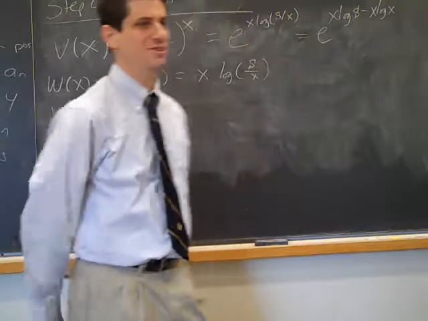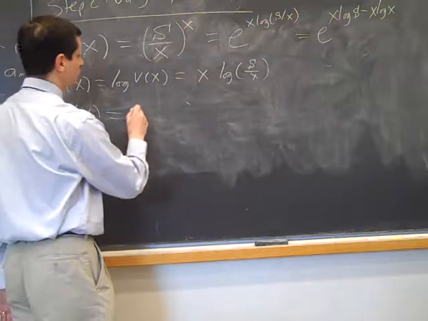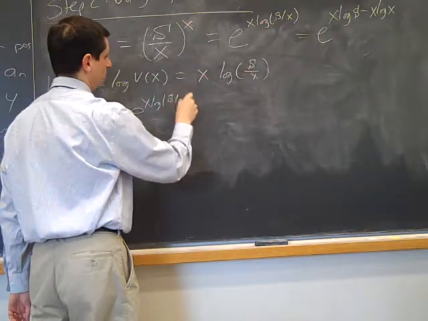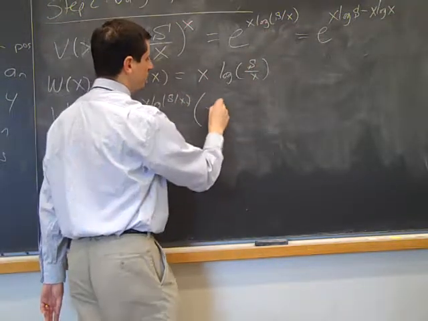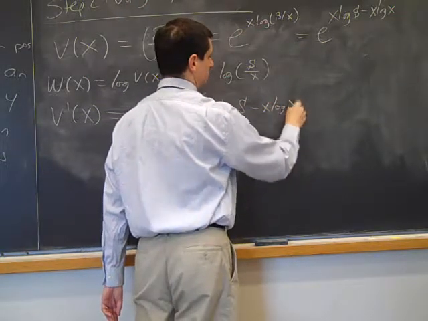The chain rule, but it's the one-dimensional chain rule, so it's not nearly as bad. So v prime of x is going to be e to the x log s over x, and now I need the derivative of x log s minus x log x.